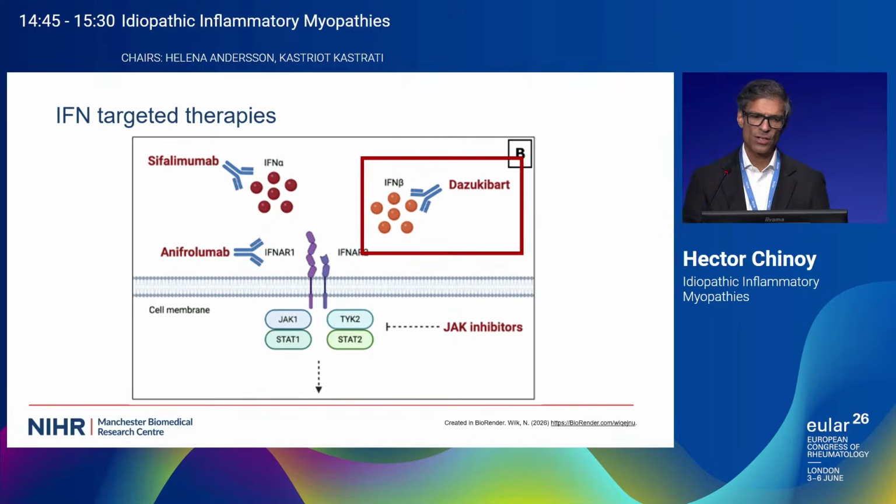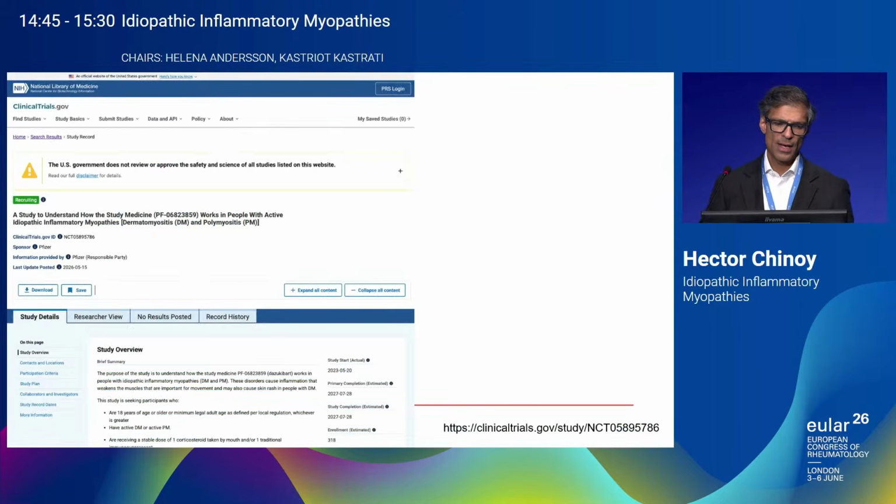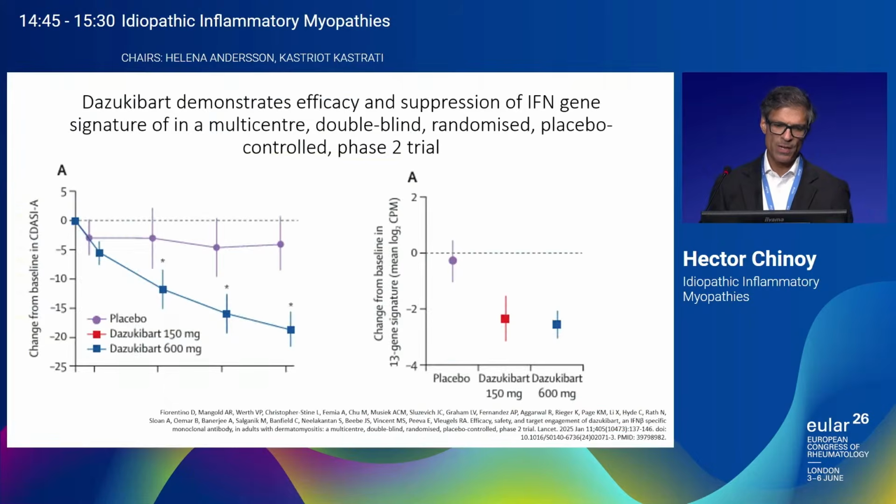And then the next drug to look at for the interferon-targeted therapies is dezucabart. This is a Pfizer drug, and it, again, is currently under phase 3. So we await the results here, but there has been a published phase 2 trial, which was published in the Lancet last year. I'm just showing 2 snippets from here.